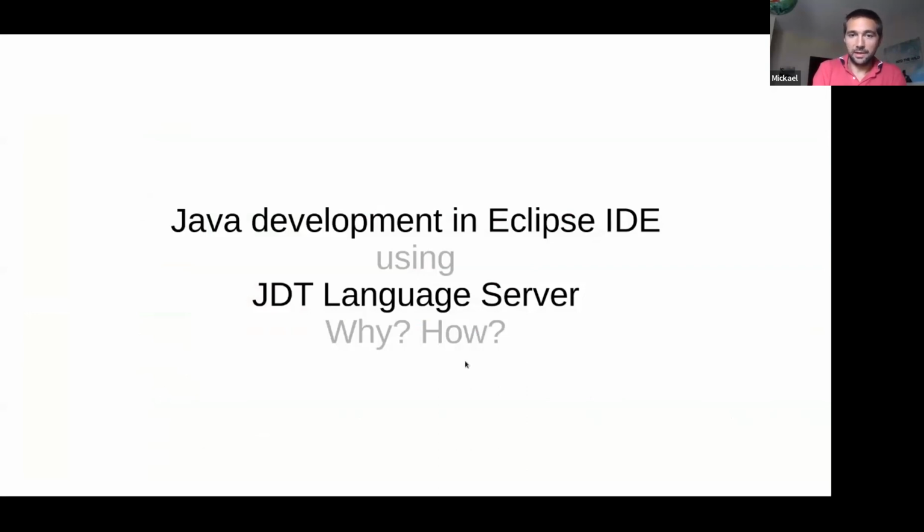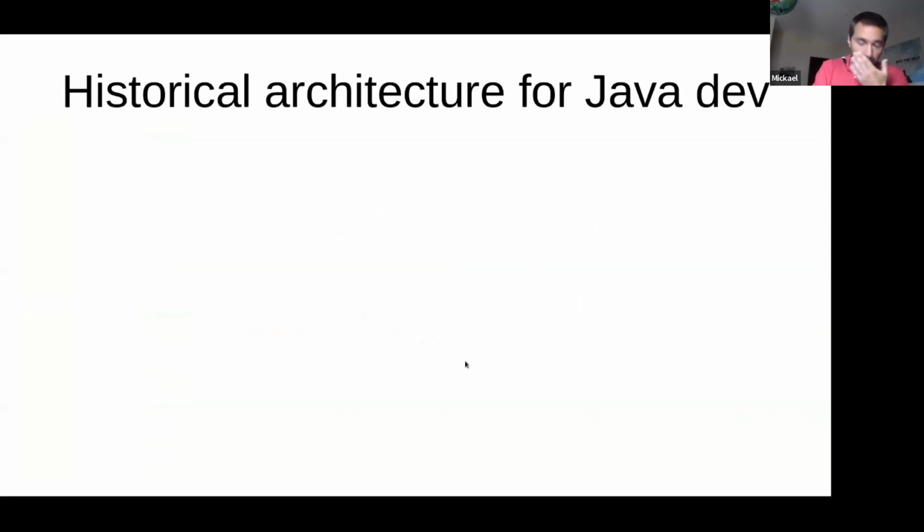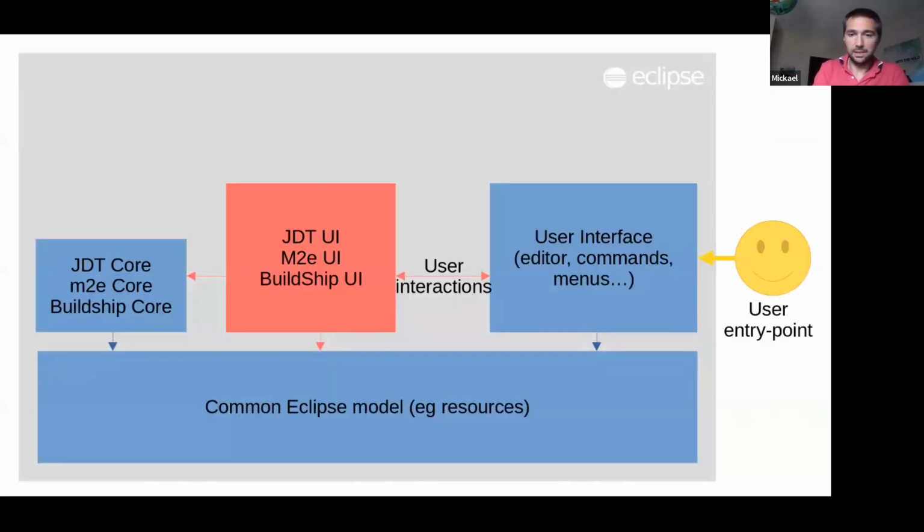So why and how did we do that? Before we move on with what we consider a possible future approach, let's look at the current state of things with Java development in Eclipse IDE. This is a coarse-grained architecture of Eclipse IDE for Java development.